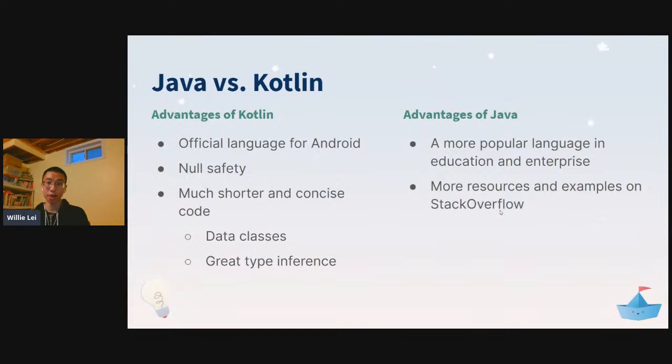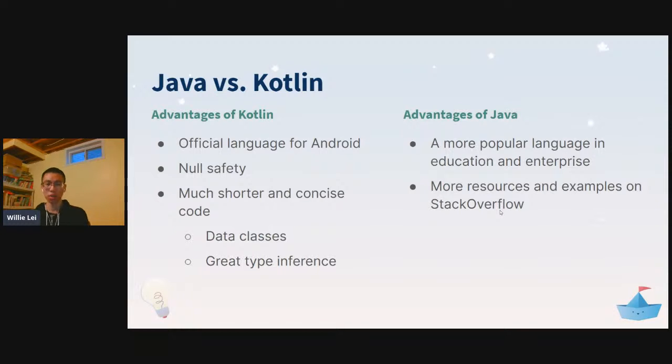However, there are also many advantages of Java, as Nielsen mentioned. Like he or she is already familiar with Java, and this is probably because schools teach Java. It's very popular to be taught in high school or university, and also many big companies like banks or other established institutions, they will use Java for enterprise applications.